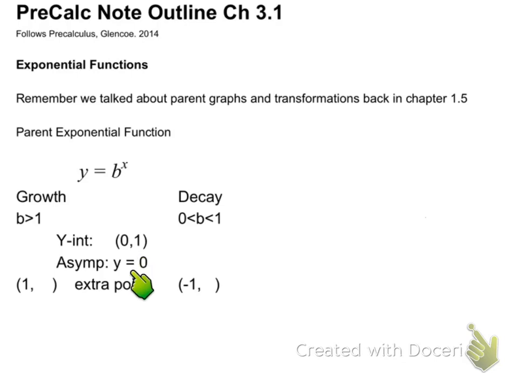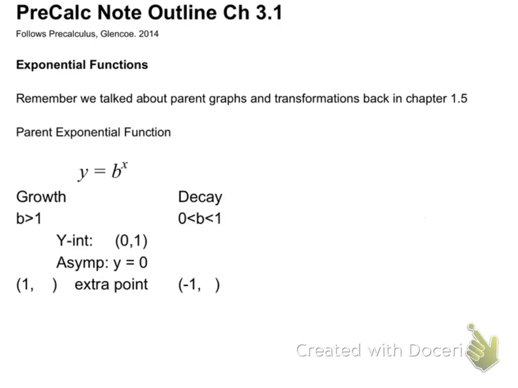We also, hopefully, remember that all of these have an asymptote. You can't start with nothing and end up with something, and you can't start with something and lose everything by taking a power. It doesn't work that way. And so y equals 0 is that horizontal asymptote.